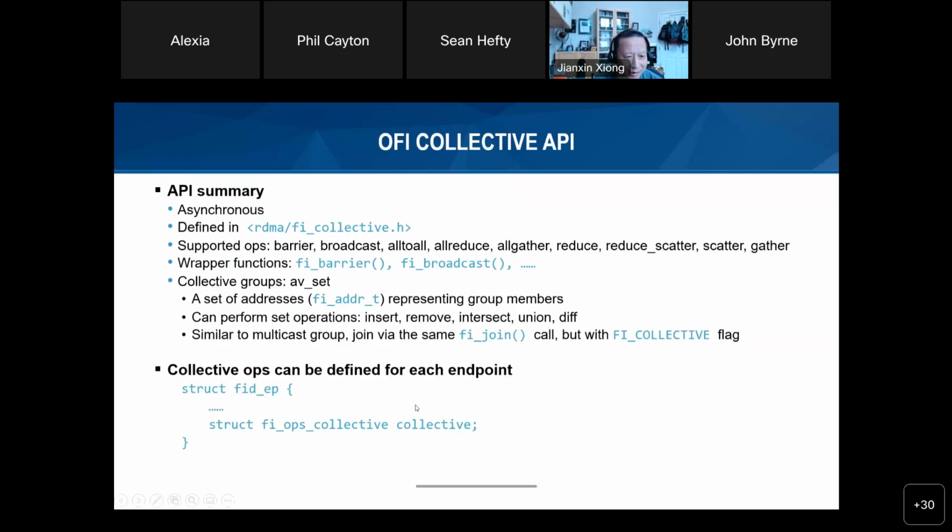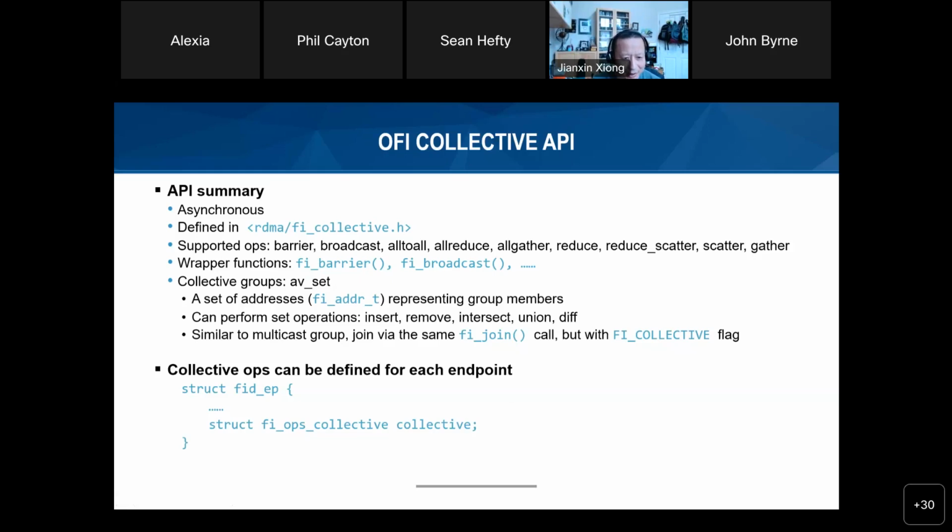The OFI collective API defines operations that follow MPI-like operations, including barrier, broadcast, all-to-all, reduce, and so on. But these operations are defined as asynchronous. So if you're doing a barrier, you have to explicitly check for the completion, and the call itself will not block.